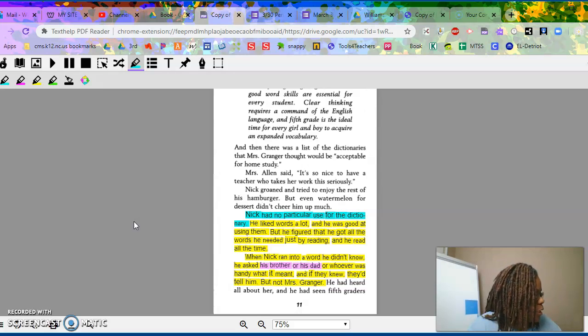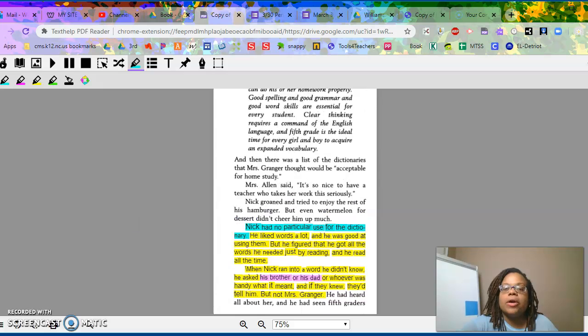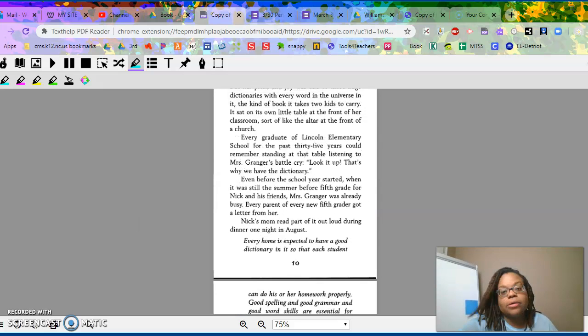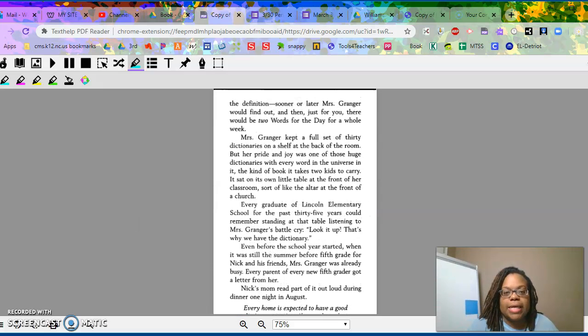All right. The next question we need to go over is what does the author compare Mrs. Granger's favorite dictionary to? So as I go, I'm going to scroll back down to page 10 in order to answer that question. And in that second paragraph, I'm going to go right here.